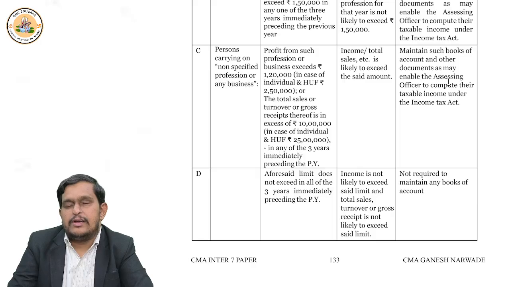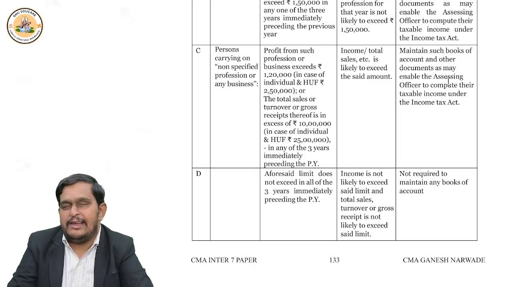And that too, 3 years is written here also. Correct? Here also they wrote 3 years. But the point is, here they used the word any. What word is used? Any. In A and B, it was all the 3 years you should cross that 1,50,000 limit.